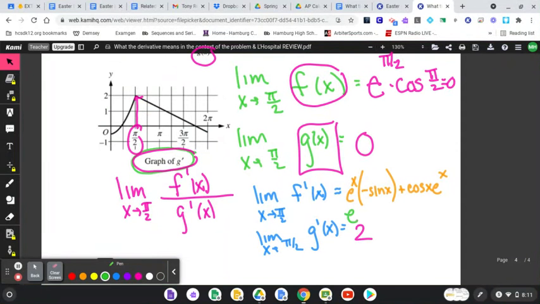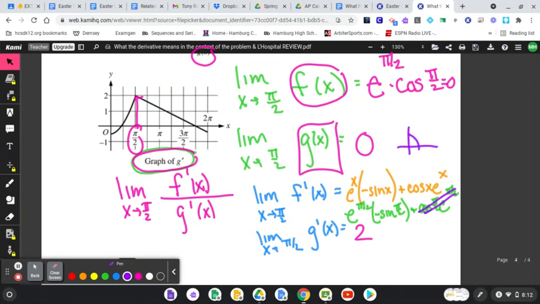So let's see, I get e to the pi over 2 times negative sine of pi over 2 plus the cosine of pi over 2 times e to the pi over 2. And again, this cleans up pretty nice because the cosine of pi over 2, like we just drew out before, is a 0, so that wipes this side out.